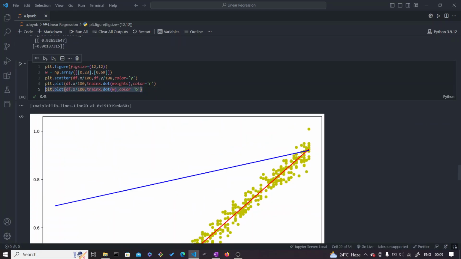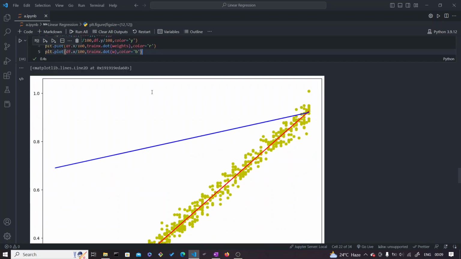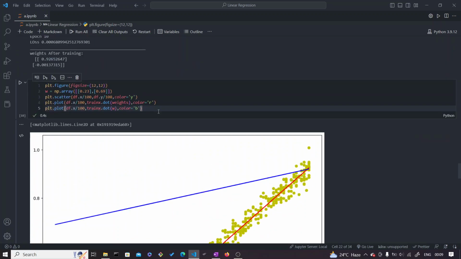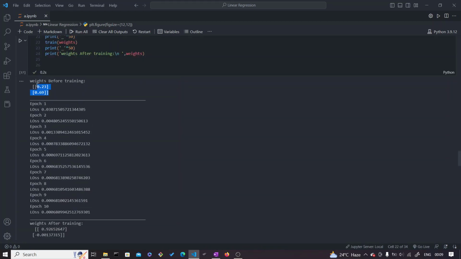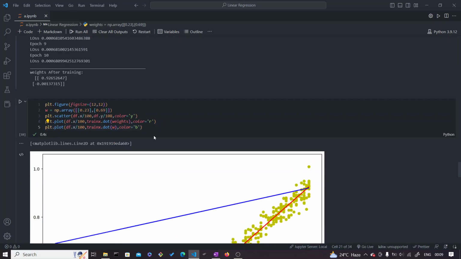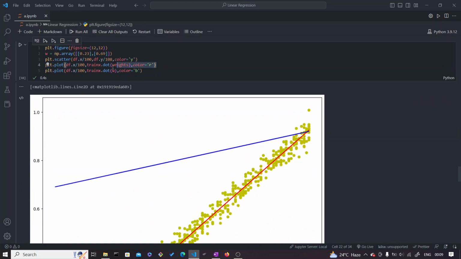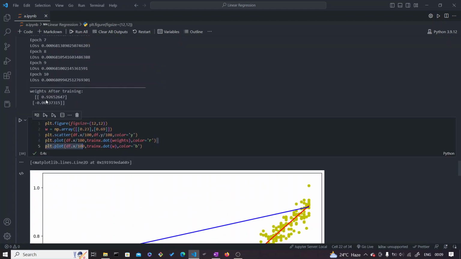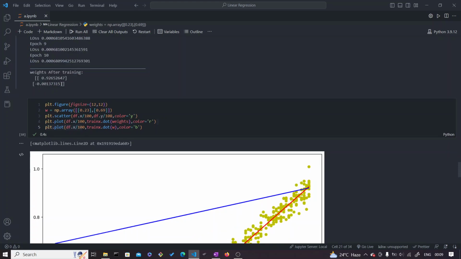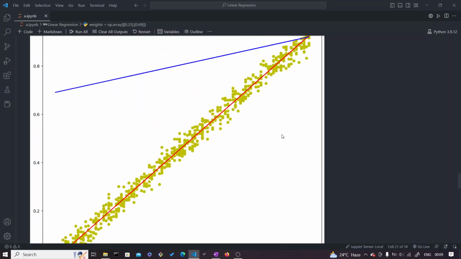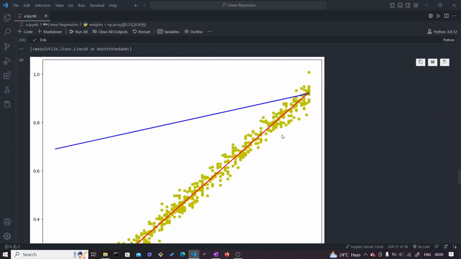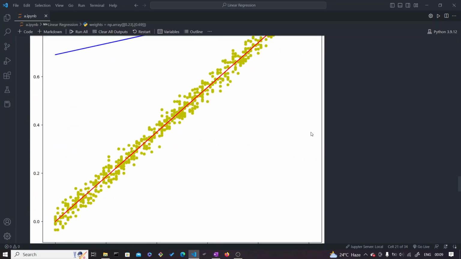The blue line was my previous regression line, with the weights before training. And this red line is the regression line after training with these weights. As you can clearly see, it has done quite a good job approximating the target function f of x, which I believe to be a straight line like this.